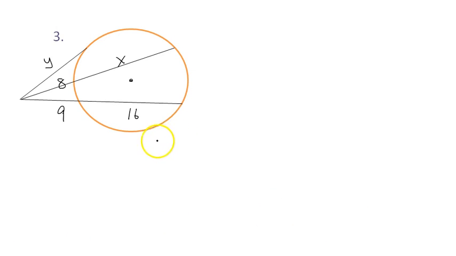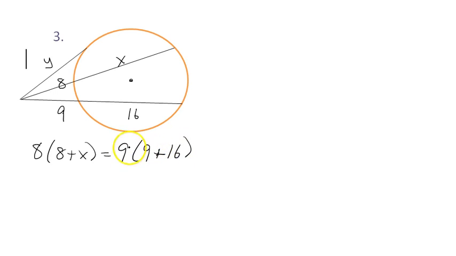Okay, for my next example, I'm also going to do a kind of complicated picture. And so this has two variables that are missing, but we're going to be using the outside times whole formula. You have to find one at a time. So I'm going to start with the x. I can use the 8 and the x and the 9 and the 16. So I'm going to do outside times whole equals outside times whole. And make sure that you're not doing outside times inside, that you're actually doing outside times whole. The whole thing would be 9 plus 16.